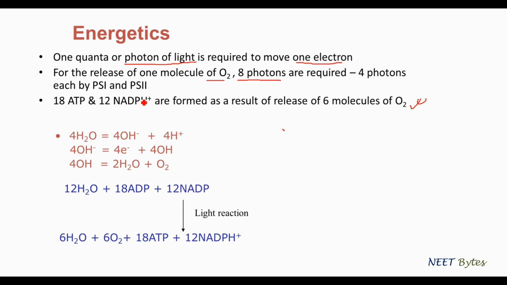We will see how we can use this relation for solving some of the problems. So once again, I would like to reiterate that 8 quanta of light are required for the release of 1 molecule of oxygen. Similarly, 18 ATP and 12 NADPH are formed, and as a result 6 molecules of oxygen are released.